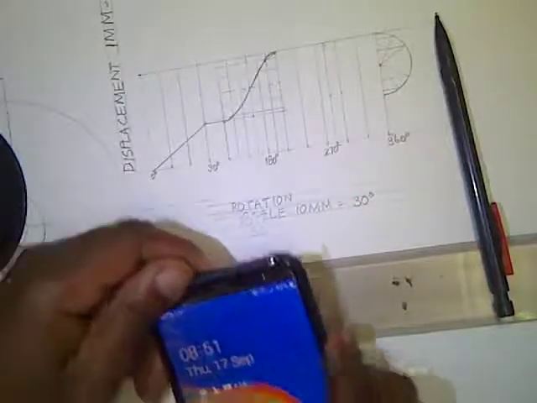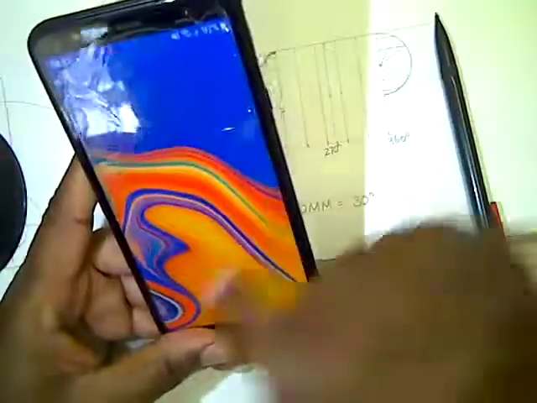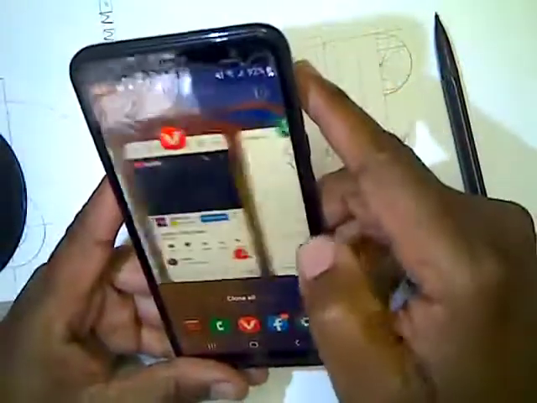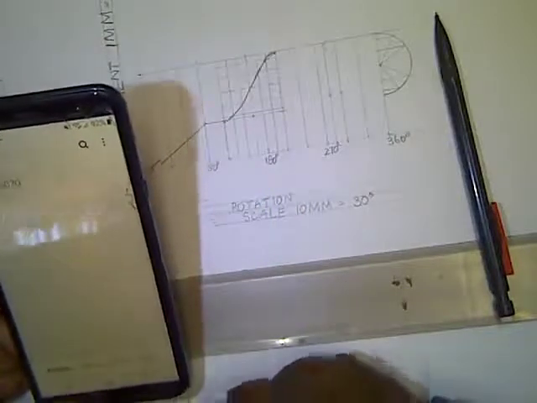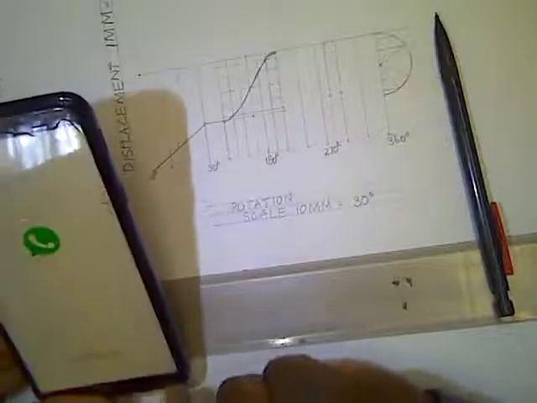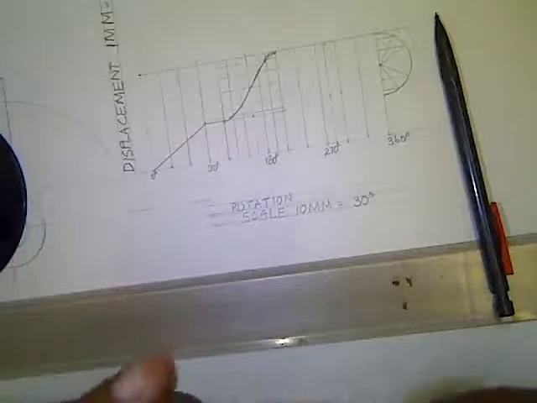Let me start first by doing this. Where is my calculator? There's my calculator. Come on, why is it so slow? No, it's not my calculator. I want my calculator.